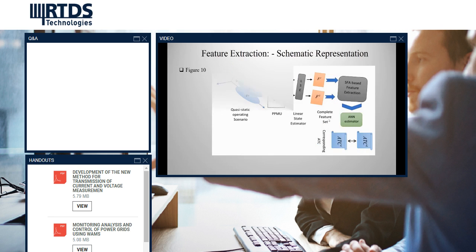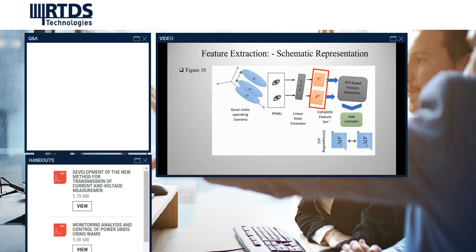The feature extraction block is discussed here. Feature extraction is required to reduce the large number of feature sets to a small feature set. So when the power system network obtains the scenario sets during quasi-static simulation, the PPMU acquires the information of channel currents and nodes at which the PMUs are placed and sends it to the linear state estimator to formulate a complete set of feature sets comprising the measured states and observed states.